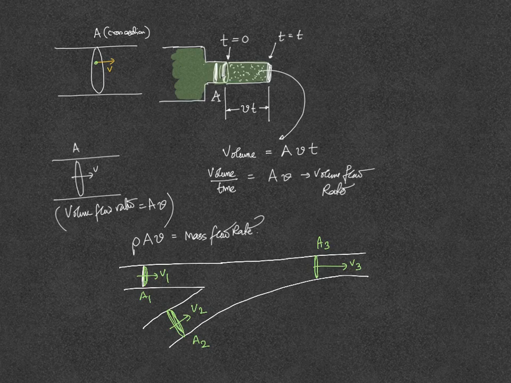So we can choose a region, say this region marked by red. In this region the volume remains constant with time, so volume flow in is equal to volume flow out. The total volume flow in is a1 v1 plus a2 v2, equal to volume out a3 v3. So this is the equation of continuity in this case.